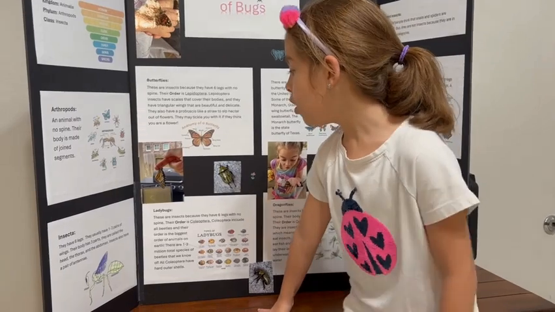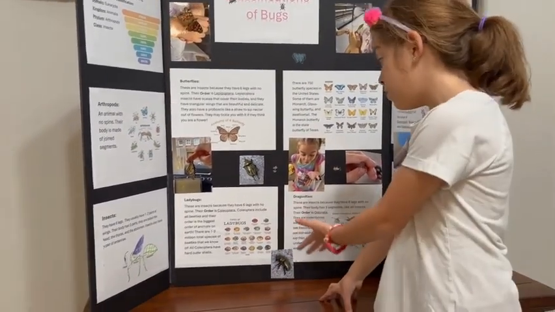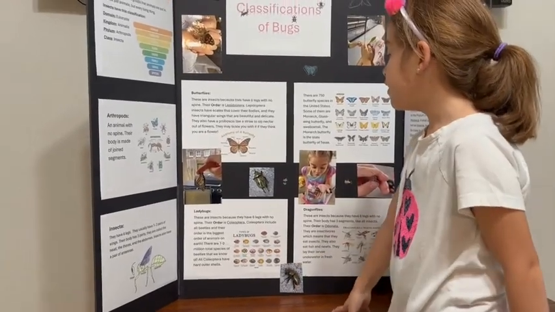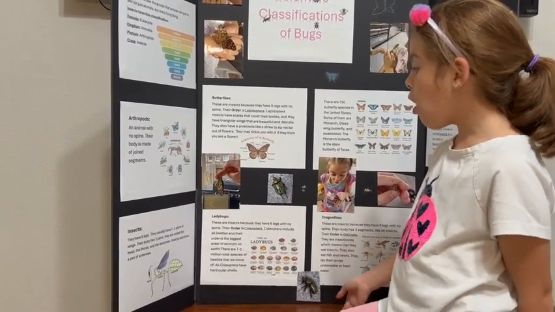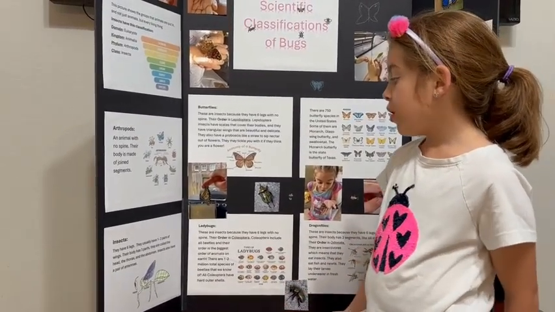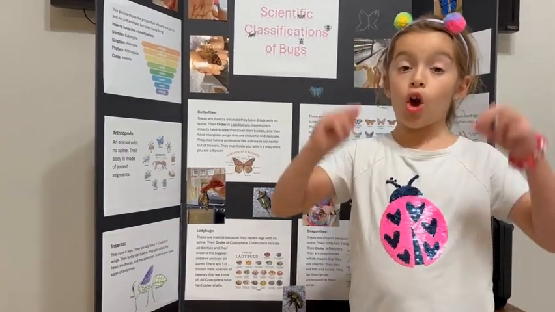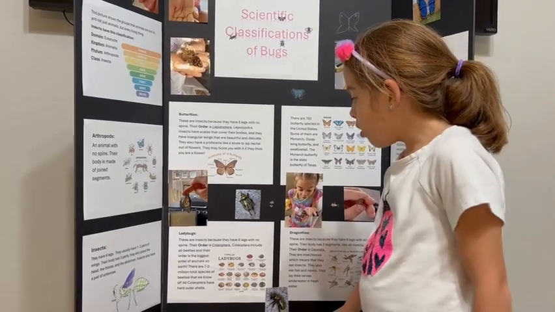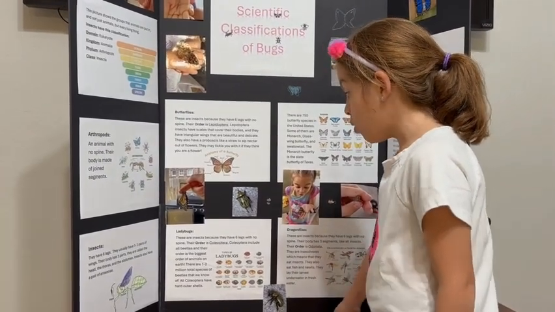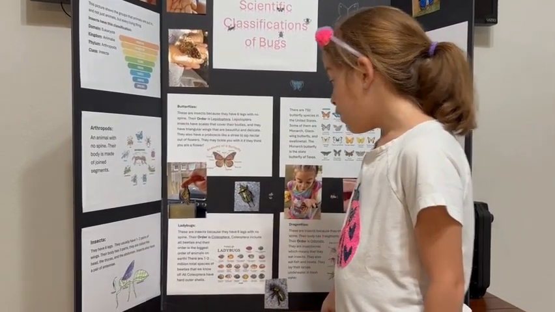Ladybugs. These are insects because they have 6 legs with no spine. Their order is Coleoptera. Coleoptera include all beetles, and their order is the biggest order of animals on Earth. There are 1 to 2 million total species of beetles that we know of.